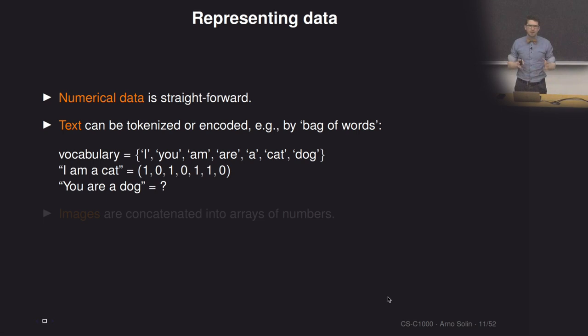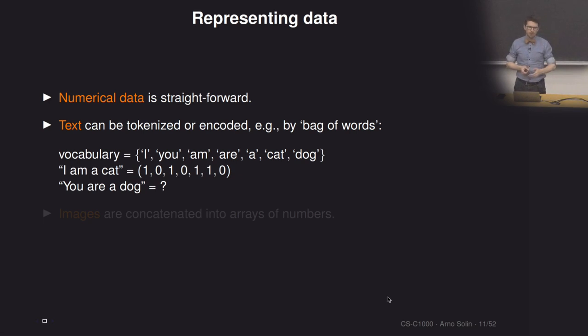Typically for text, there's a process called tokenization. And there are many ways of encoding or tokenizing text. One simple way could be a bag of words approach, where you have some corpus with words, and then you put a true or false flag depending on whether the word is there or not.